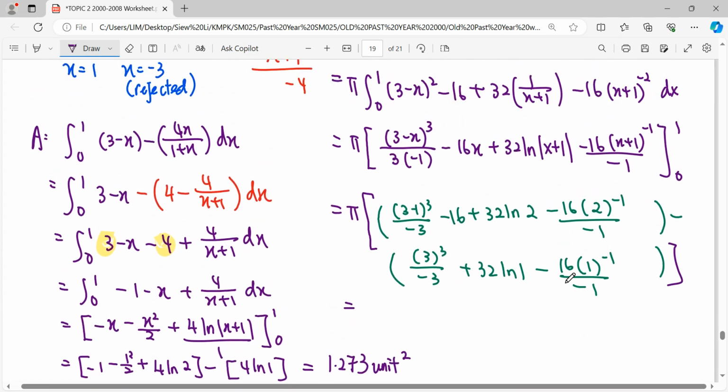So just evaluate this to see what the decimal is. Here we have 4.51 pi. For volume, we put the unit cubed. That's all for this question.